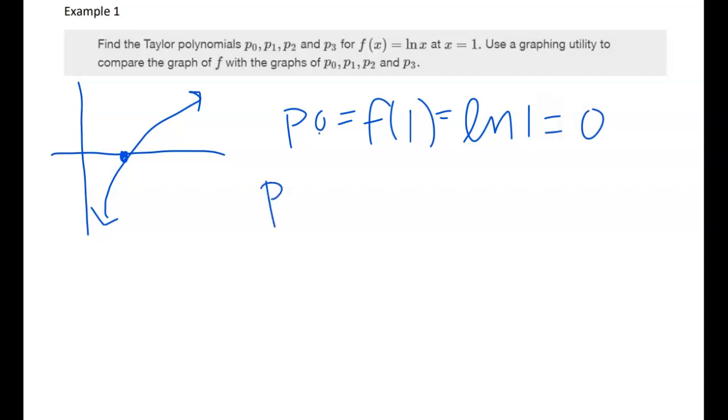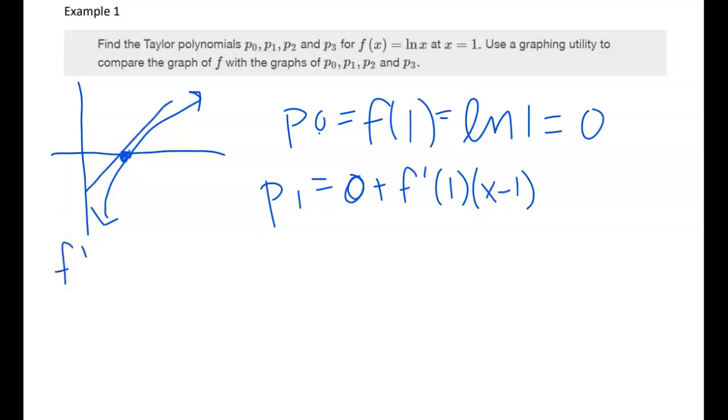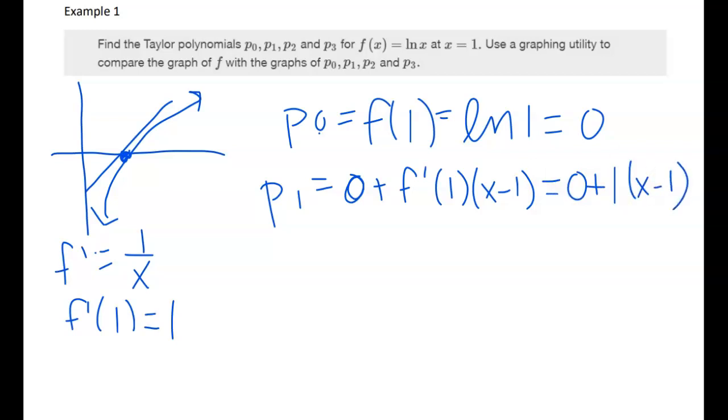All right, p1 is then 0 plus f prime at 1 times x minus 1. All right, so what's the derivative of my function? f prime is 1 over x. So f prime at 1 is 1, and so this is going to end up equaling 0 plus 1 times x minus 1.